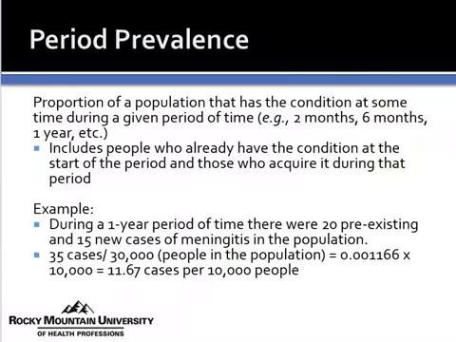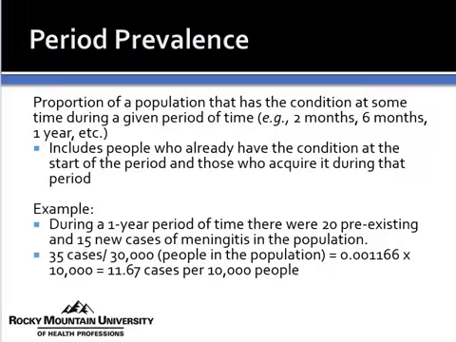There's also period prevalence. And with period prevalence, this is kind of like an in-betweener between point prevalence and incidence. I know I haven't talked about incidence yet. You'll see what I mean in just a bit. What period prevalence does is it accounts for everybody who developed the condition over a period of time and all of the people who had the condition at the start of the surveillance period.